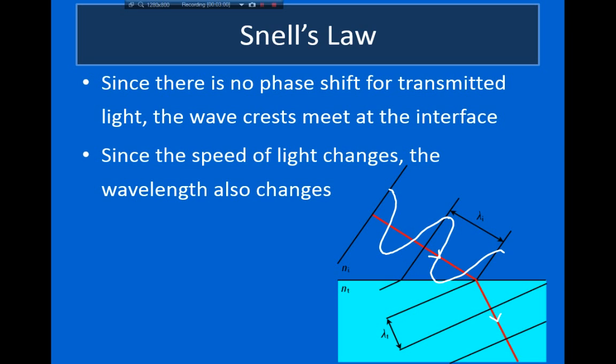So if I had a peak here, I have to have a peak on the other side of the surface. And because the wavelength is shorter, these wave crests have to be more closely spaced inside the transmitted material. And so what we'll see is that the direction that the light is traveling in has to change so that these wave crests can be brought closer together.